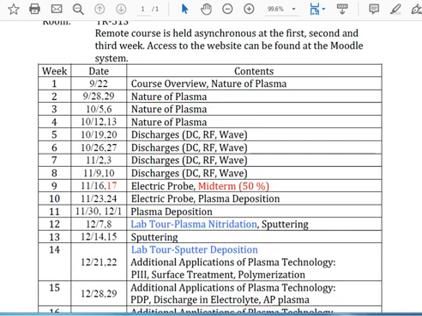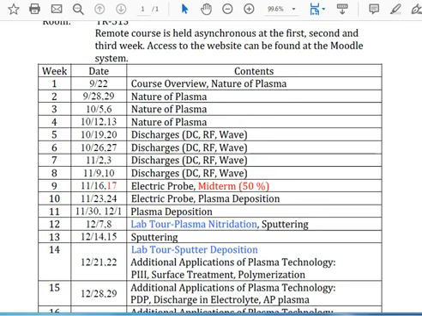Plasma is known as the fourth state of matter, and in order to categorize a plasma, we need to know the plasma density, plasma temperature, electron energy, and so on.